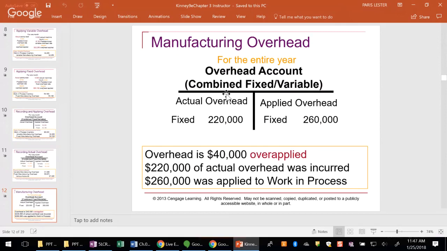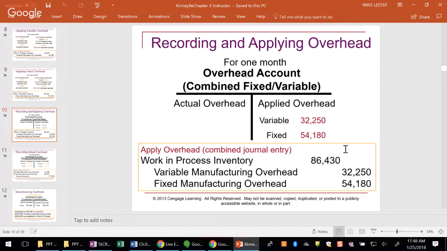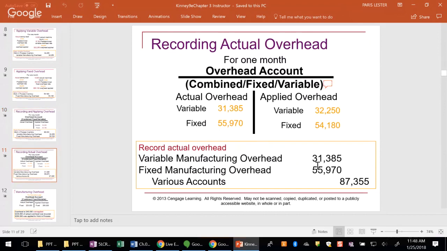Now, if your actual overhead is 220, your applied overhead was 260. Here, in this problem, it's 86,430, so that's not the same thing.